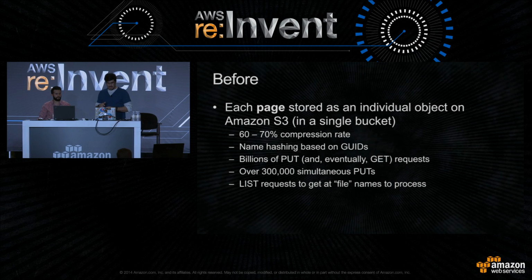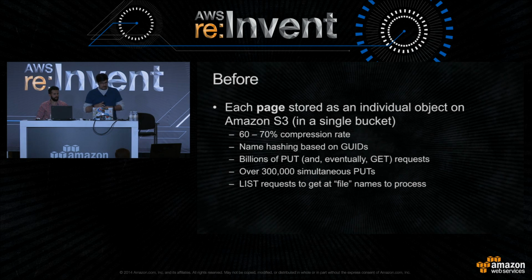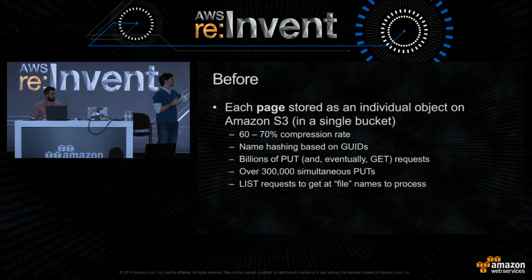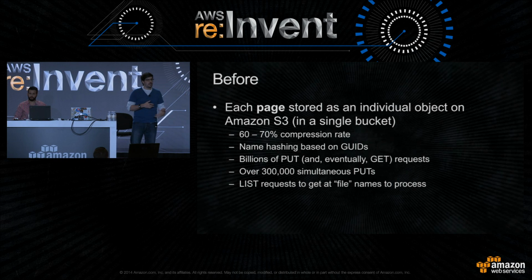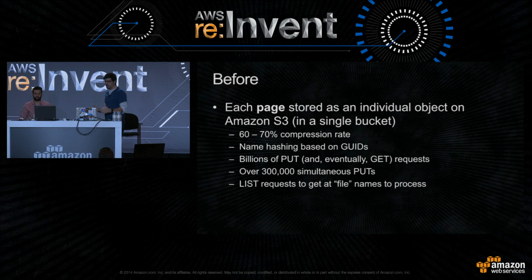But that was actually kind of an issue, because we were trying to do billions of put requests and over 300,000 simultaneous put requests into our S3 buckets. And when you consider that Felipe was saying at the start of the presentation that S3 can easily support 100 transactions per second, we were a couple of orders of magnitude above that.